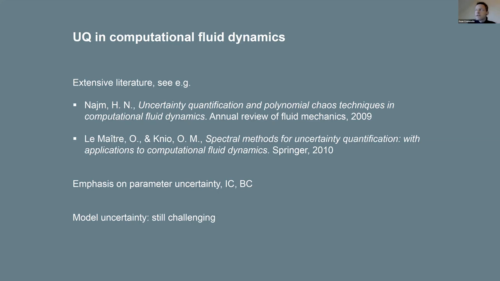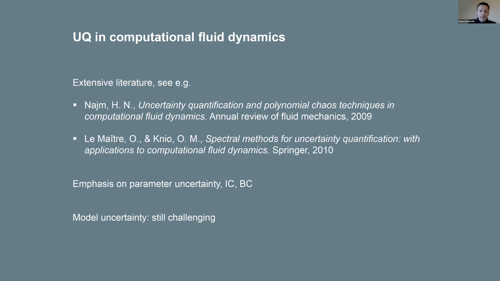So these give something of an overview, at least, of what was already done by then, of UQ methods in CFD, in computational fluid dynamics. I would say that from the review there's a lot of emphasis on parameter uncertainty and uncertainties in initial conditions and boundary conditions. By contrast, model uncertainty is less explored, and I'd say is also more challenging still to tackle and to analyze.